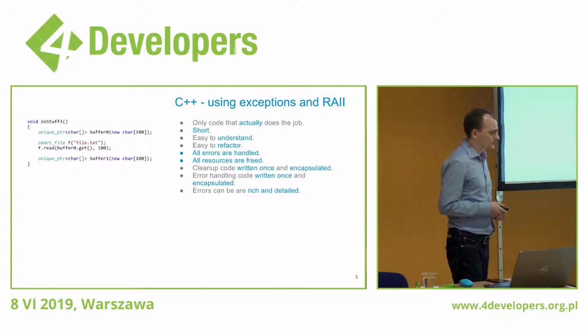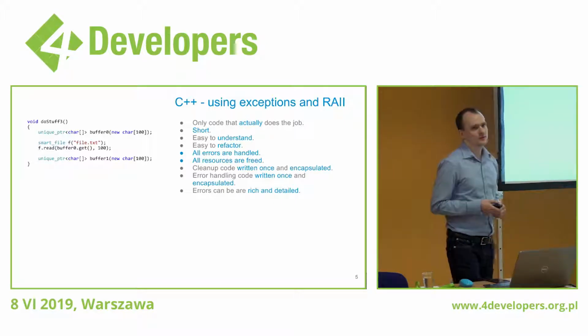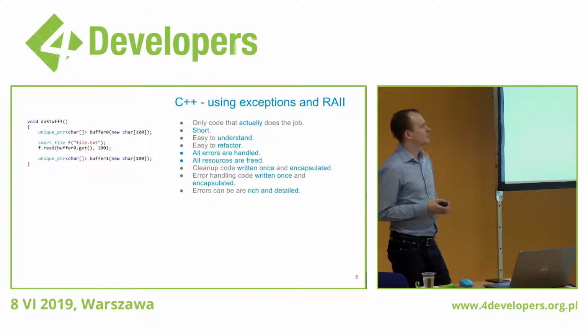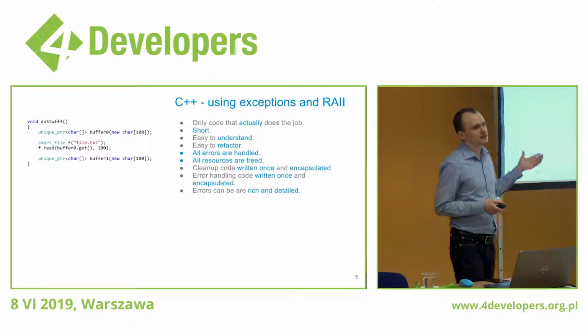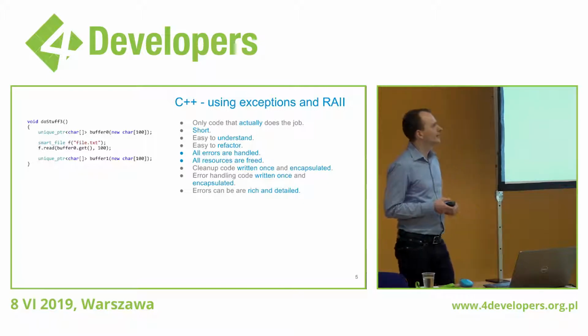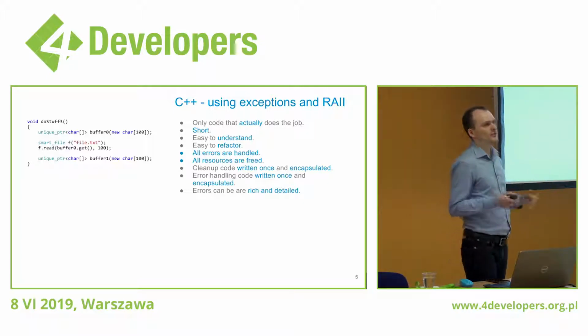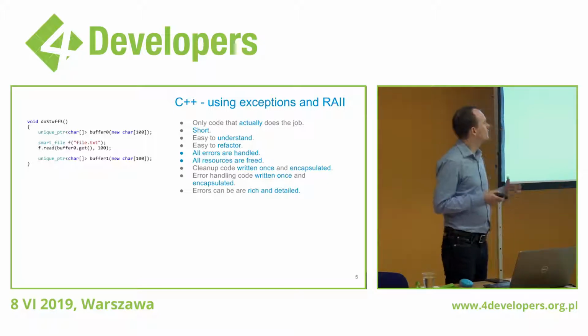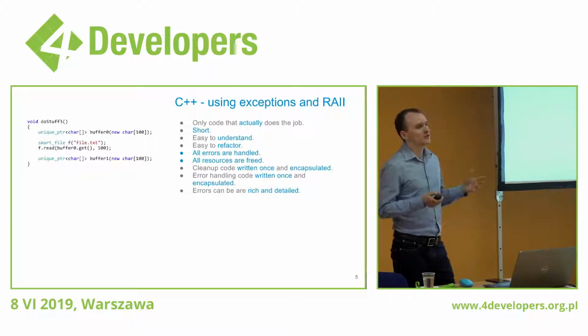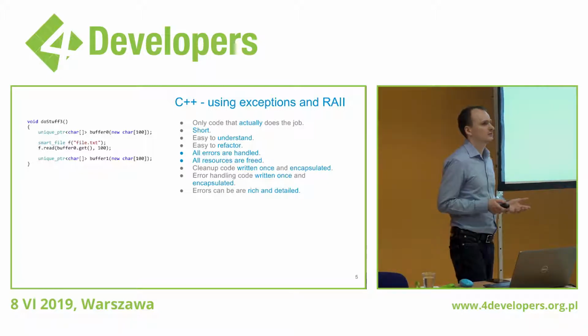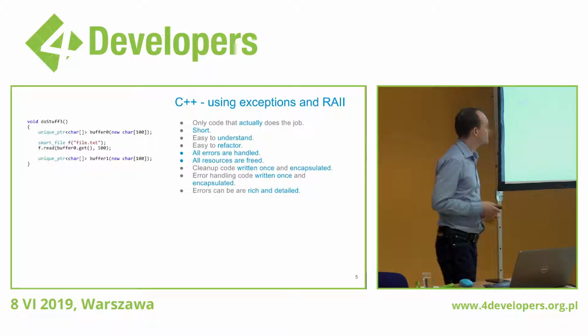So it's much easier to maintain, much easier to understand, but most importantly, in this case, all errors are handled correctly, and all resources are freed without our intervention. We don't even have the ability to break it because the compiler generates that for us.